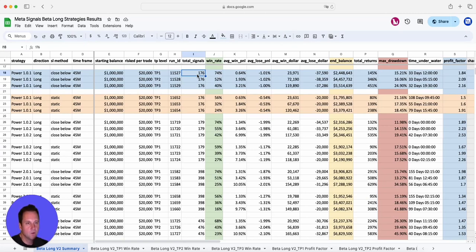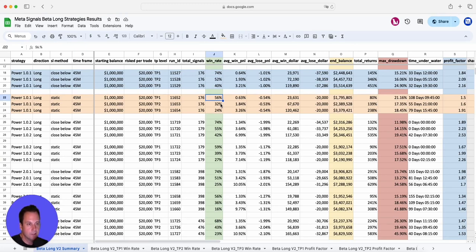Let me get into win rate and the average win dollar, average loss dollar based on the close below versus the static. So you can see that TP1 close below method offers a 74% historical win rate versus a 56% historical win rate for the static stop loss method.